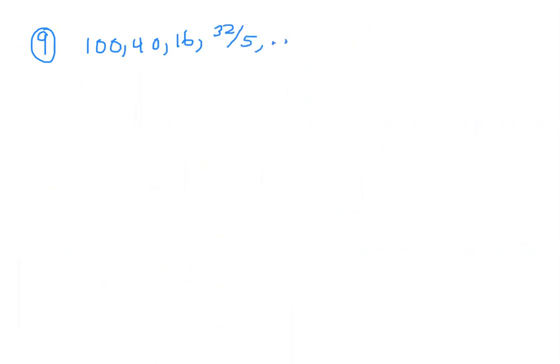And the last one here, number 9, we've got 100, 40, 16, 32/5. Right away, when we have whole numbers and they go down to fractions like that, you know that it must be geometric if it's either one. So let's try that. If we do 40 over 100, that equals 4 over 10, which equals 2/5. And if we do 16 over 40, we say 8 goes into there 2, 8 goes into there 5, 2/5.